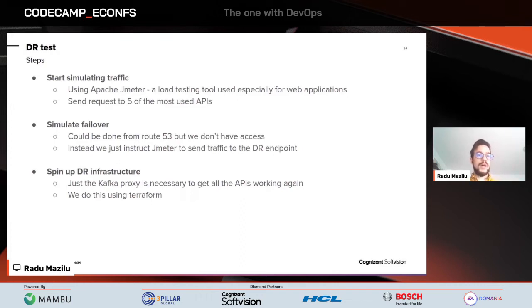Now, after we sent traffic to the disaster recovery region for a while, we also need to test, of course, that we can actually fail back without issues. We can switch back to the main region. We do that by changing the endpoint as well. And afterwards, automatically as well, we start bringing down the infrastructure that we booted up earlier.